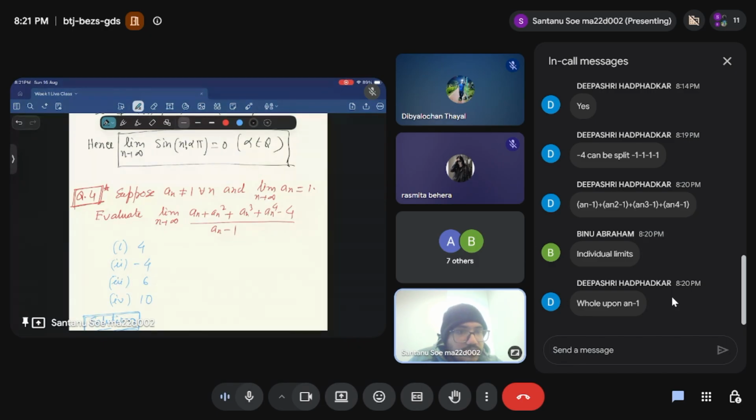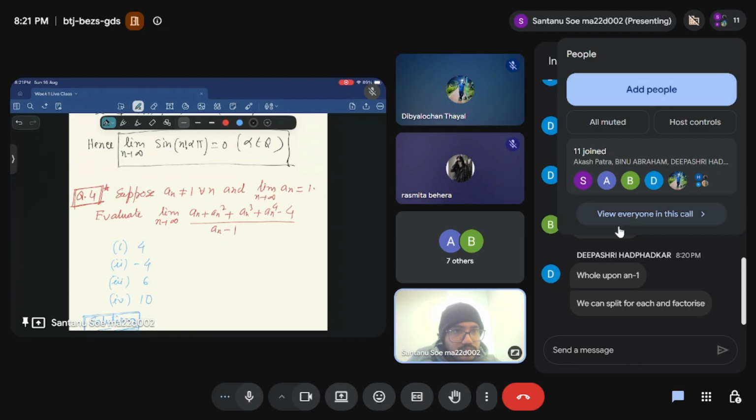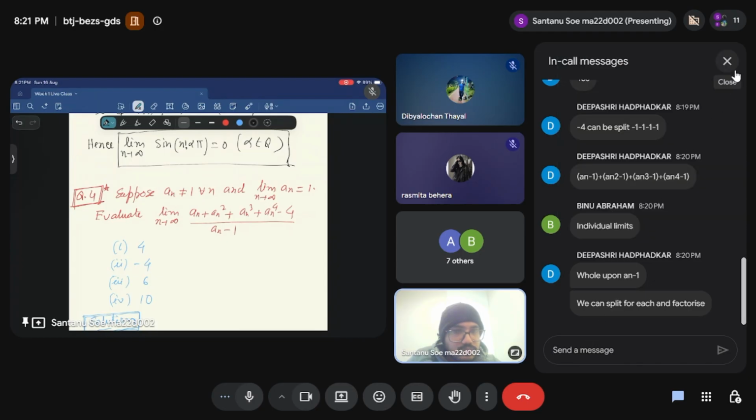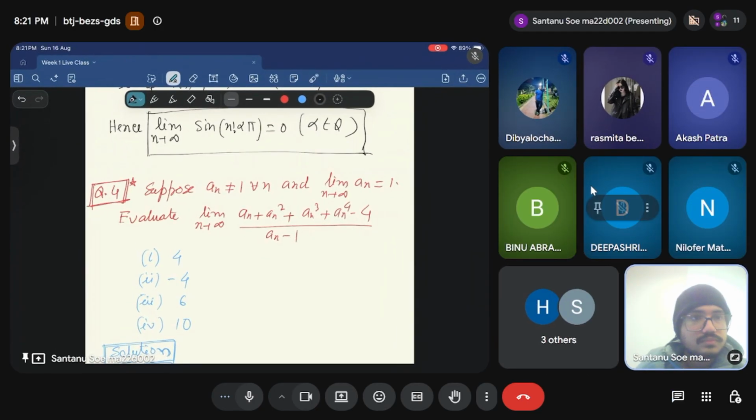What about the second, third and the fourth term? Yeah, this is a good attempt. You can try like this. At least you have to try. These are good attempts to see at the very first sight.